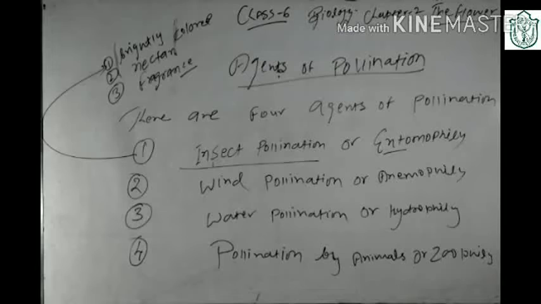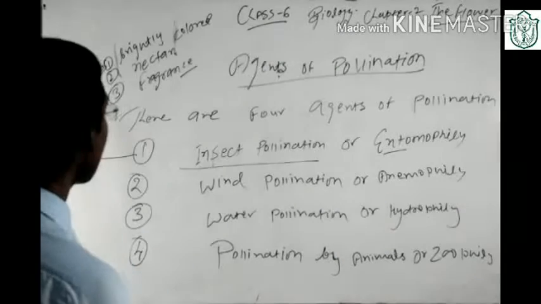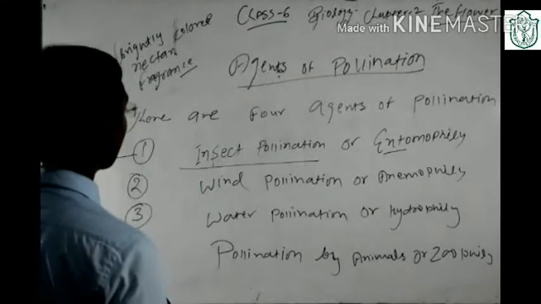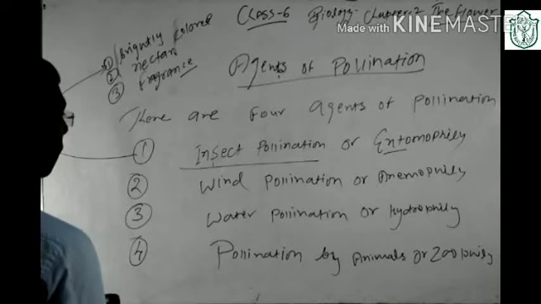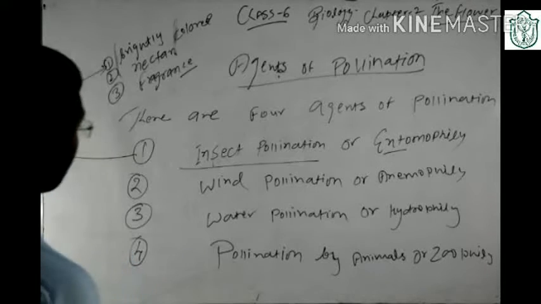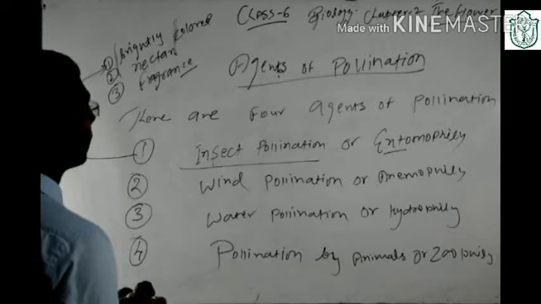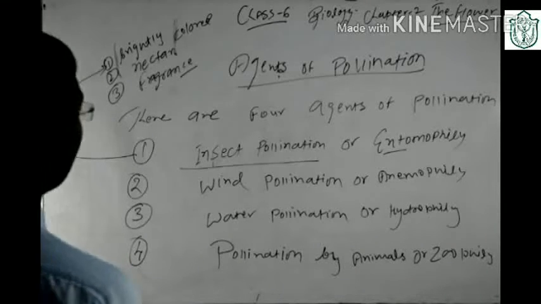When they start flying from one flower to another, some of the pollen grains from their body get onto the stigma of that same kind of plant or flower. By the help of this, pollen grains reach the stigma and the plants are ready.